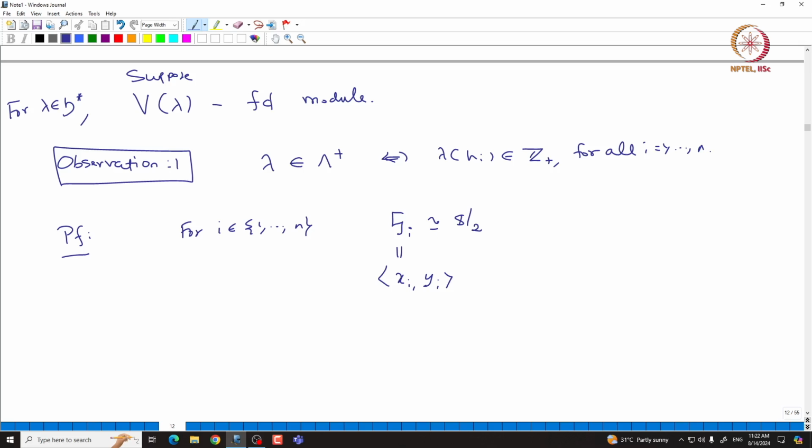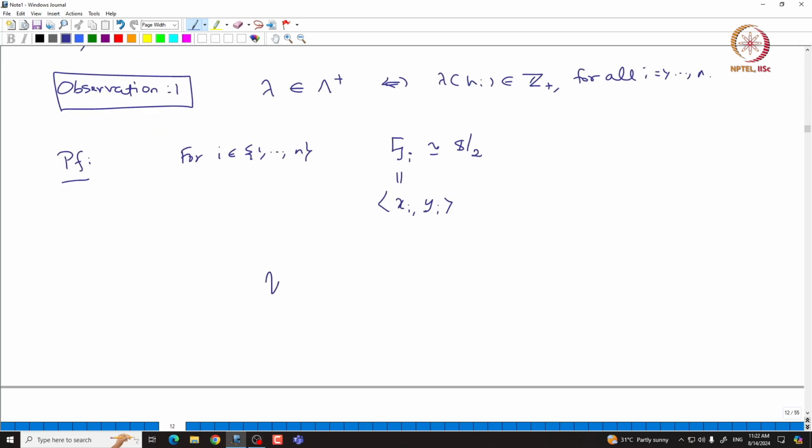This we know already. Now what we do is take the U(S i) module generated by V lambda inside V lambda. Note that this is again an S i module. So, now we are taking the S i submodule generated by this V lambda, the highest weight vector.